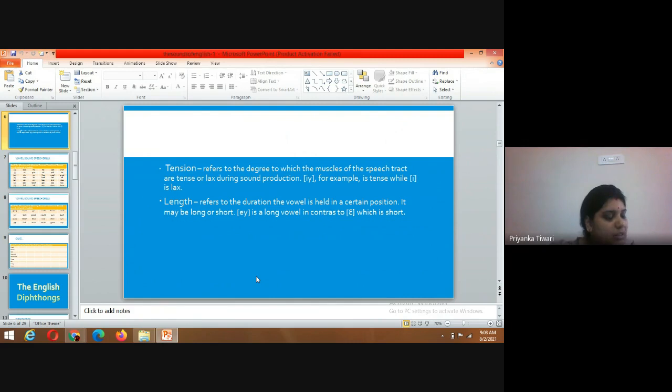A plosive sound is produced by complete closure of the air passage in the mouth, compression of air coming from the lungs, and sudden release of air. The two affricates are ch and j. Affricate sounds are produced by complete closure of the air passage in the mouth, compression of the air coming from the lungs, and slow release of air.